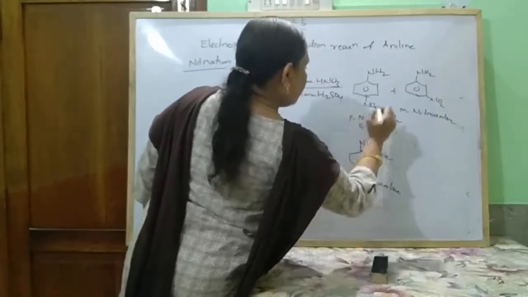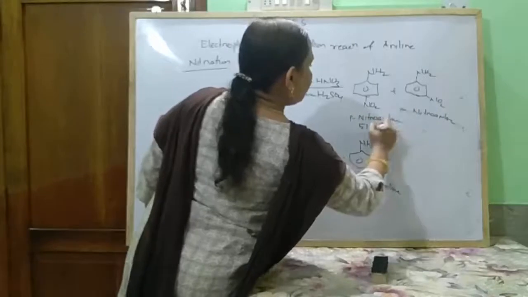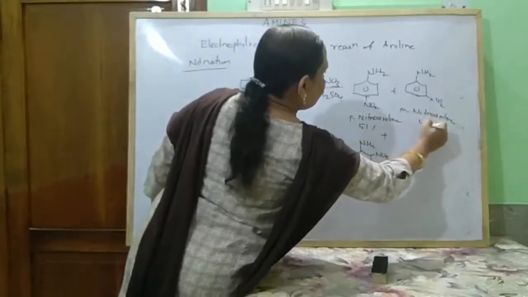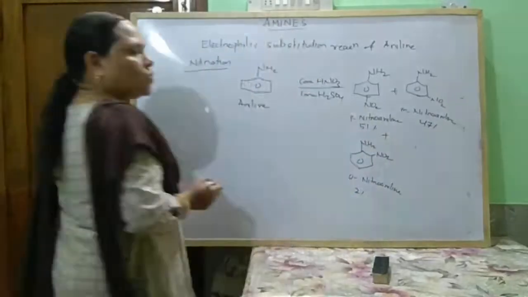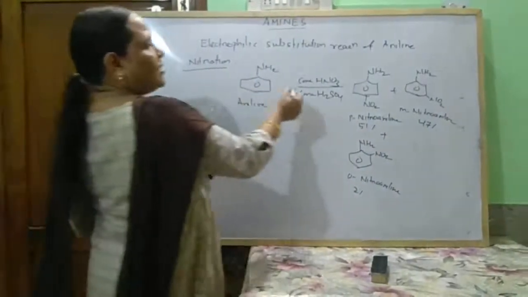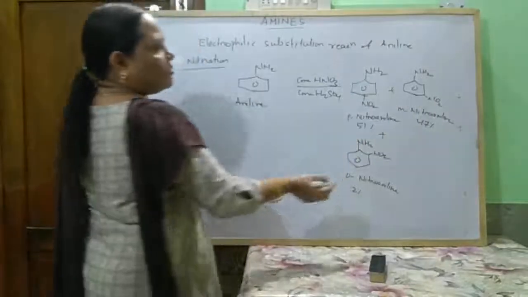This is about 51%, this is about 47%, and this is only about 2%. So when aniline is treated with this, it gives a mixture of these.